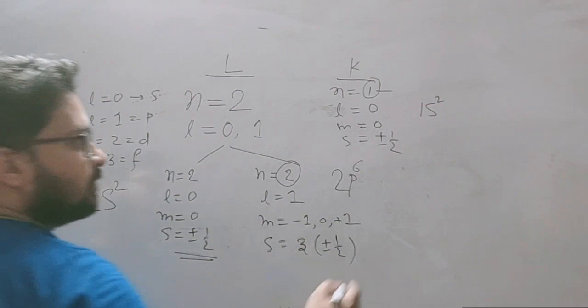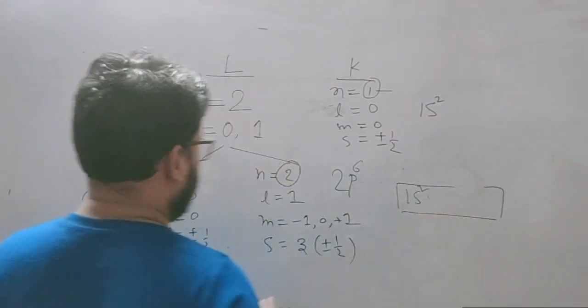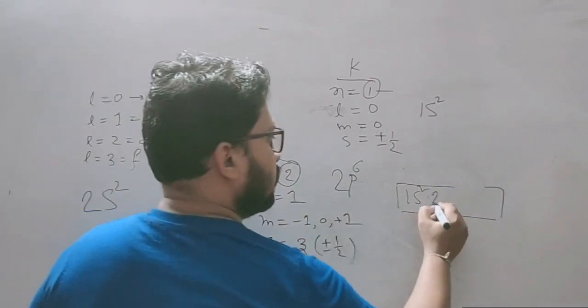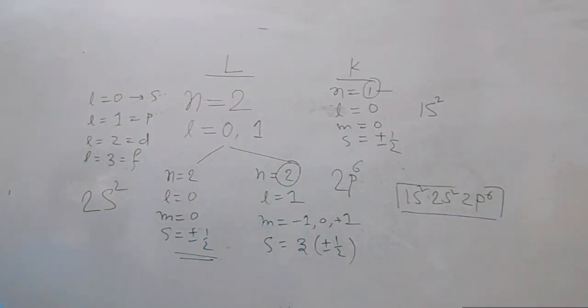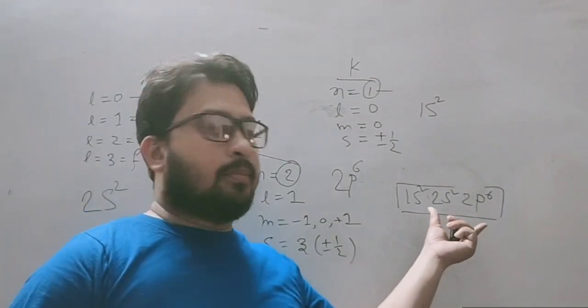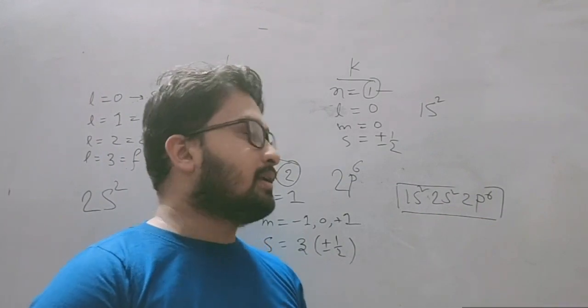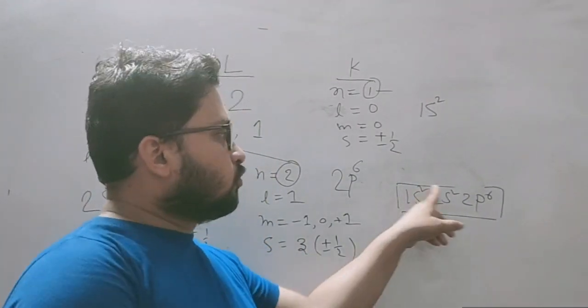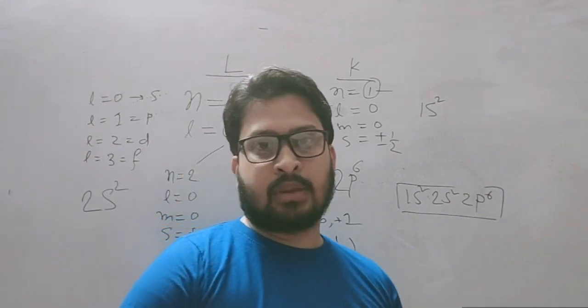So what we get, electronic configuration: first 1s2, second 2s2, and third 2p6. With the help of these, 1s2, 2s2, 2p6, we can calculate the number of electrons 2, 4 and 6, that is 10. So we can calculate up to neon.